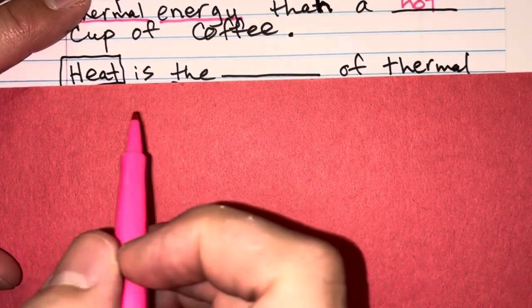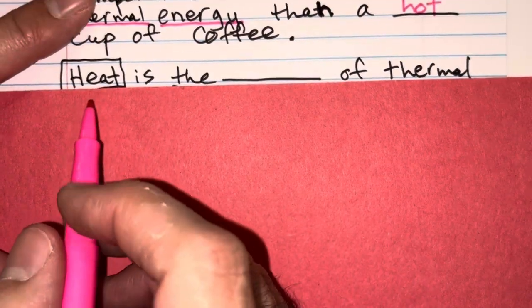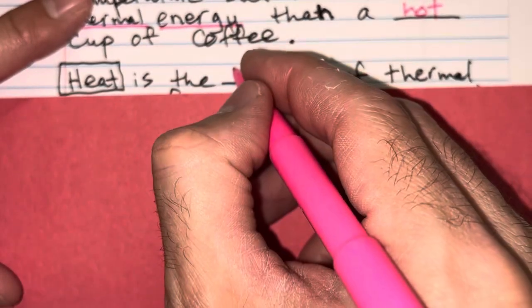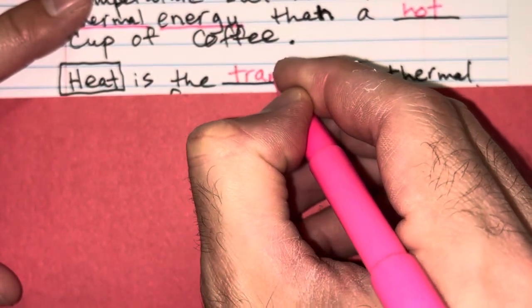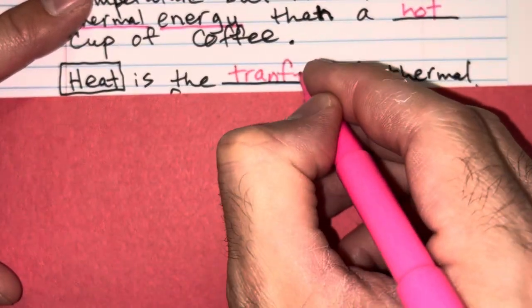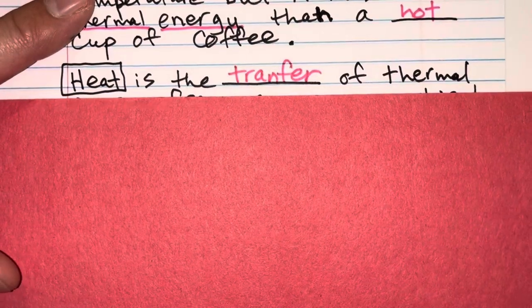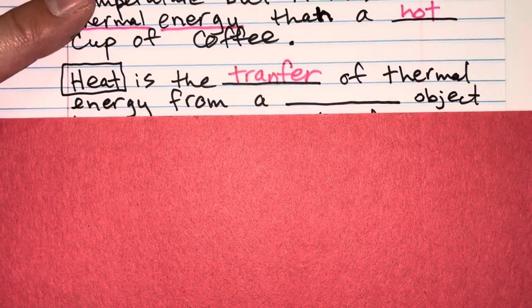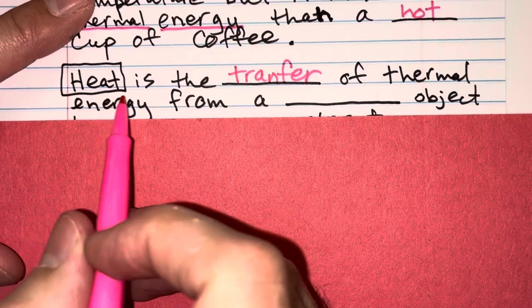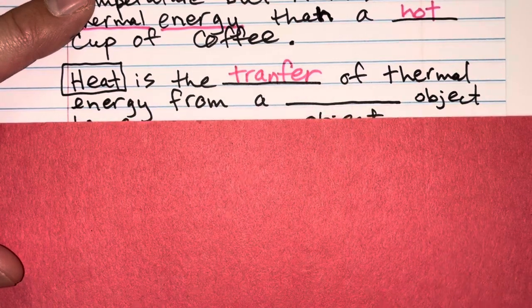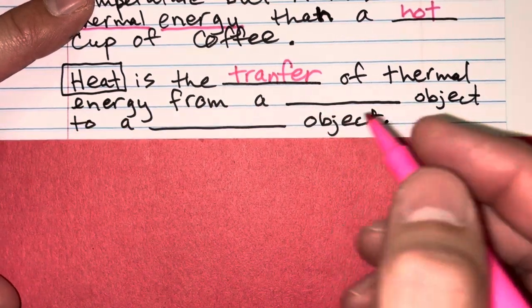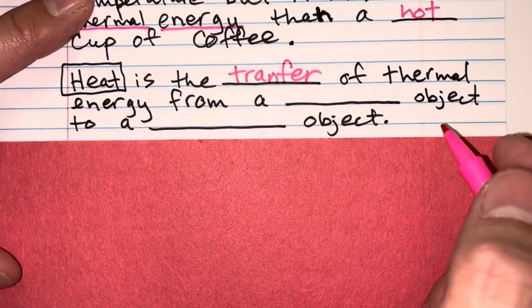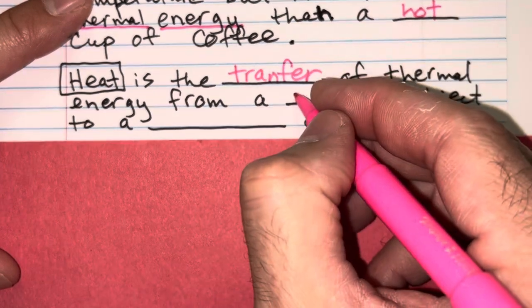So the next part is we're going to determine what is heat. So heat is going to be the transfer. When it's actually moving from one object to another. So heat is the transfer of thermal energy from a warmer object to a cooler object.